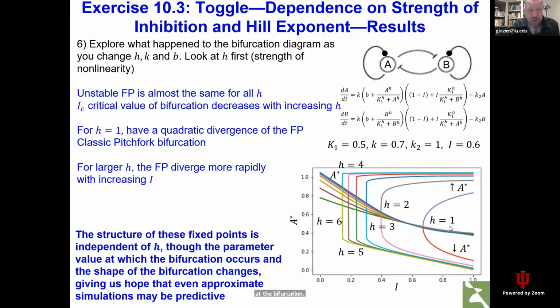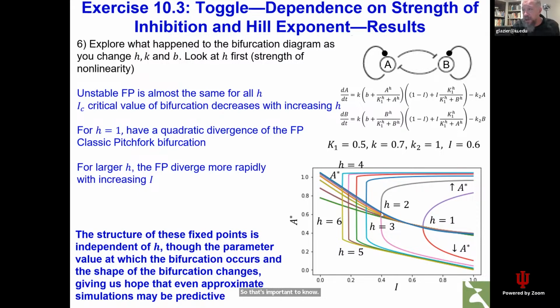As we increase the Hill exponent, the bifurcation happens for smaller values of coupling. So as the Hill exponent gets stronger, we get upper and lower branches for less cross-coupling. So effectively, the coupling is more effective when the Hill exponent is bigger. So that's important to know.